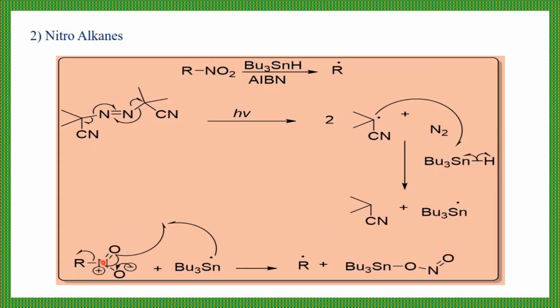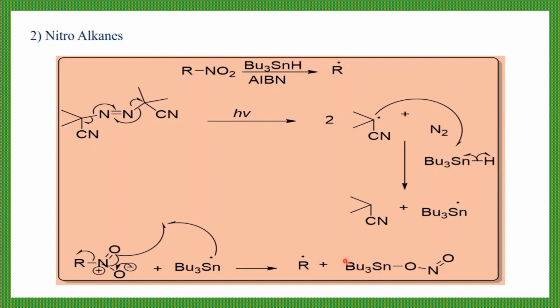The nitroalkane has a nitro group, so it has this nitrogen-oxygen double bond. That bond undergoes homolysis, and this oxygen forms a bond with the tributyltin radical, and the same way this negative charge will delocalize to form a nitrogen-oxygen double bond, and homolysis of the R-N bond takes place and it generates the R radical.